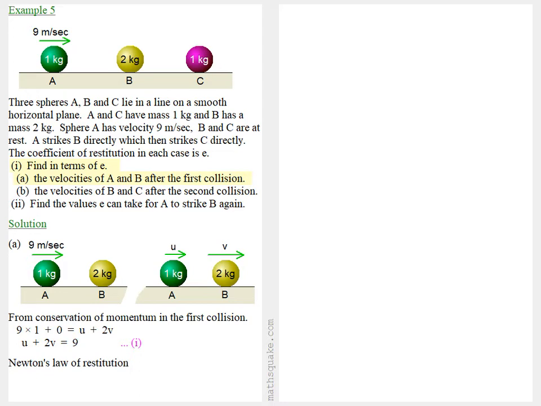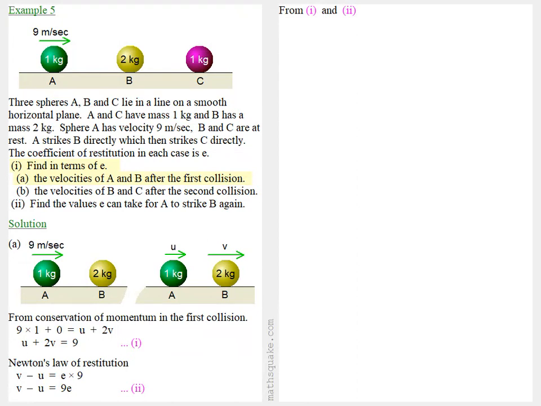And from Newton's law of restitution, the speed of separation is equal to e times the speed of approach. We have v minus u equals e times 9. In other words, v minus u equals 9e.